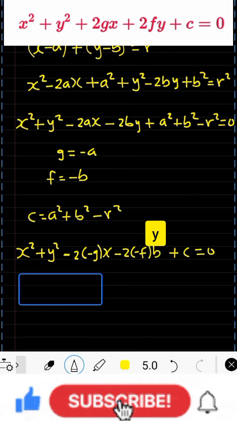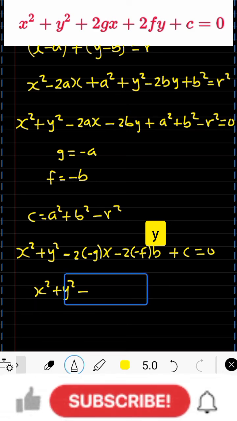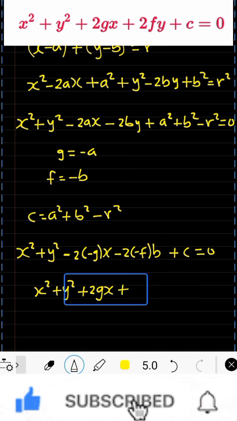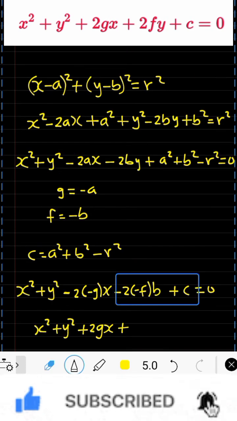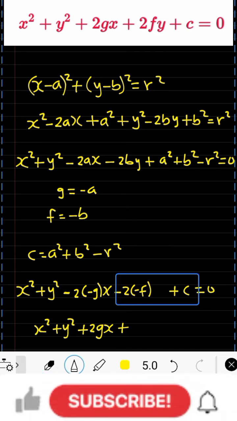So we are going to have x squared plus y squared, then minus 2 times minus g, we have plus 2gx, then minus 2 times minus f, we have plus 2f, and here is supposed to be y, because we substituted for b, not for y.